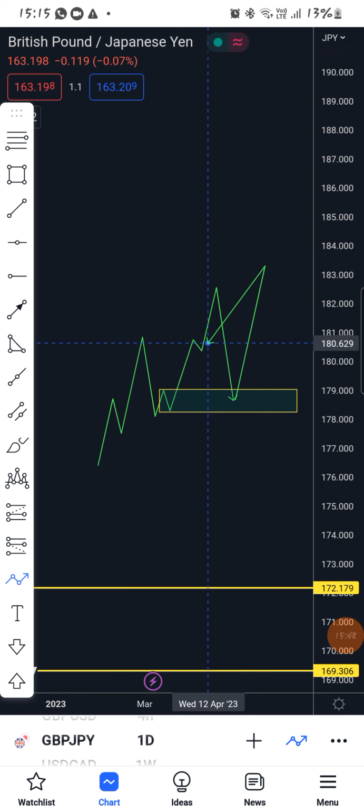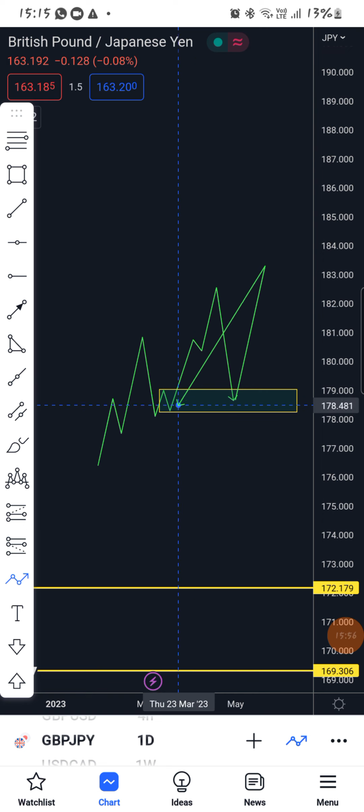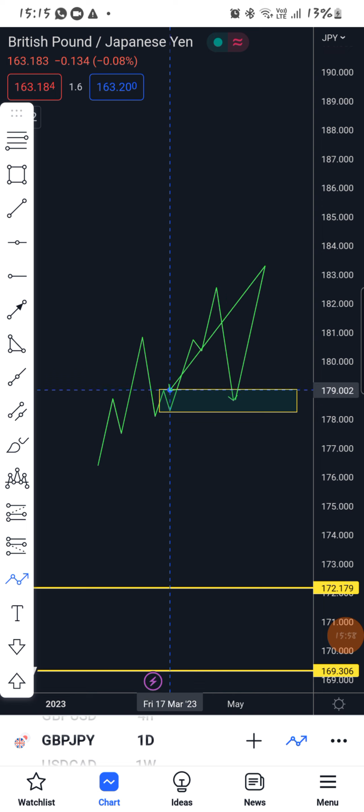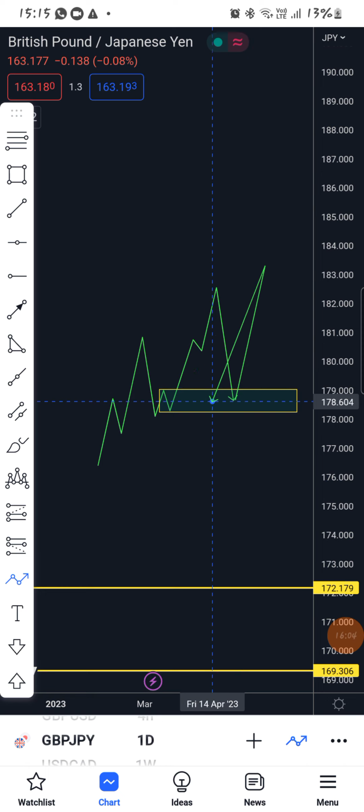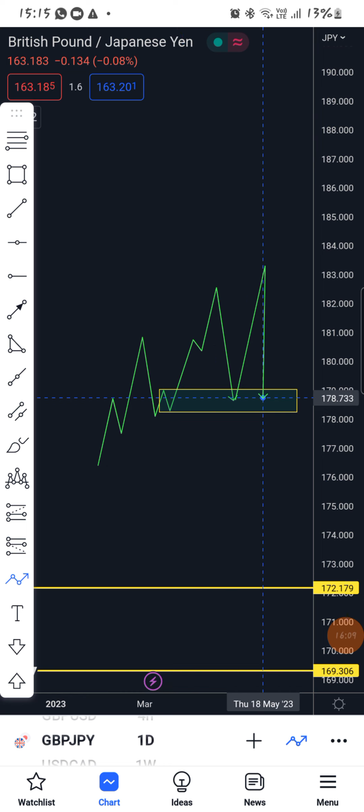This is a small demand area, yes, but in most cases, the market doesn't respect this small demand area. It respects the one at this level. We'll dive deeper on that some other time, because this time I just want to emphasize the demand area and how the market moves these days.